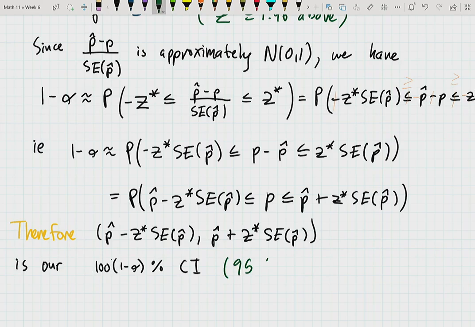It was 95% when alpha was 0.05, like in the previous example.